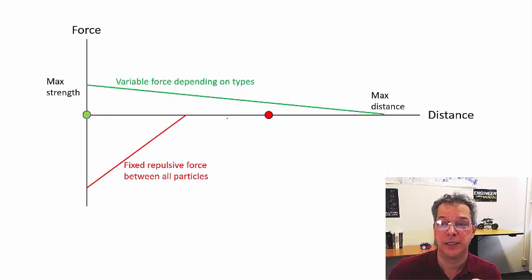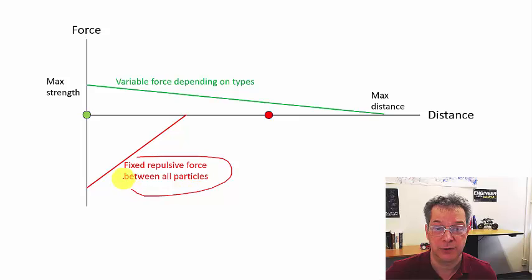So here is the idea of the relationship between the force on particles and the distance between them. As I said, if particles are relatively close together, we have a repulsive force, and it starts quite strong, and in this case negative, so that's why it's below the axis, and gets weaker.